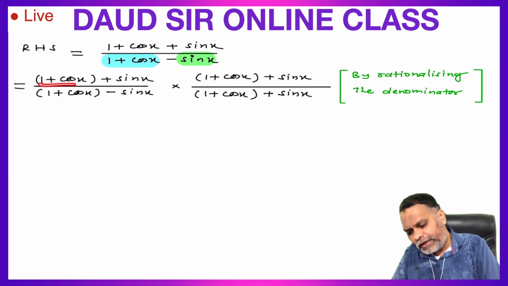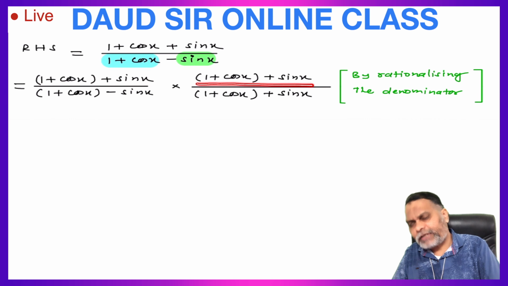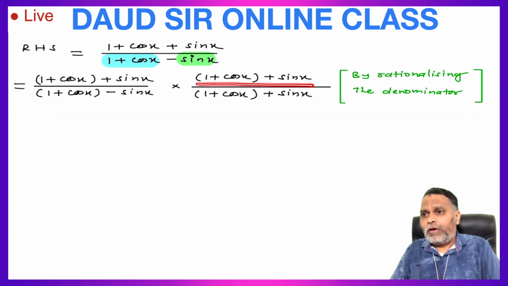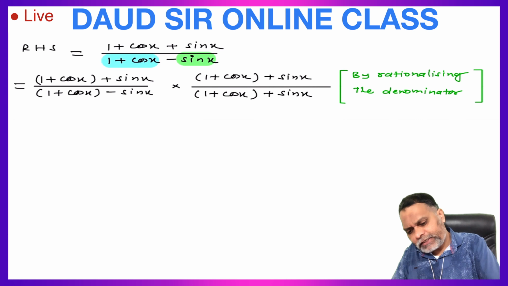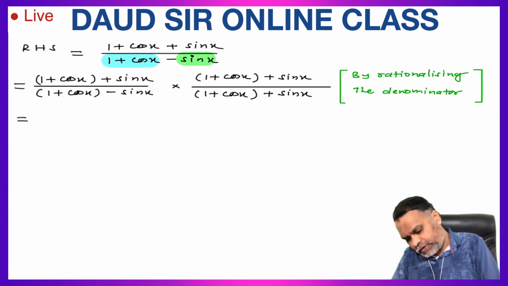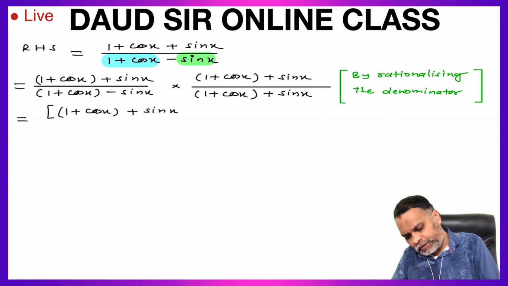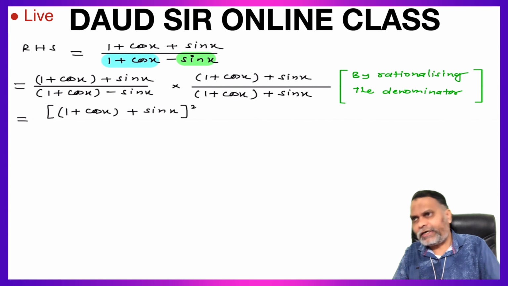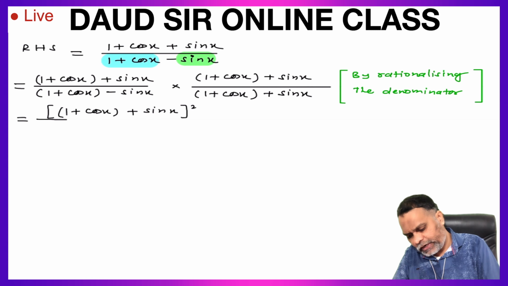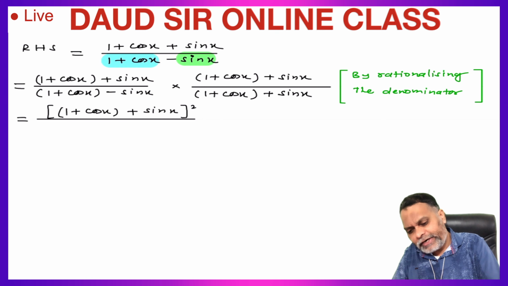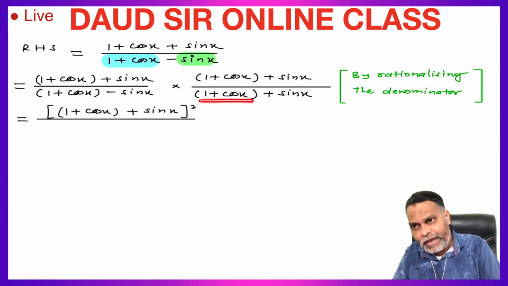In the numerator, a plus b is the same quantity coming 2 times, so we can take the whole square: 1 plus cos x plus sin x whole square. In the denominator, a minus b, a plus b.